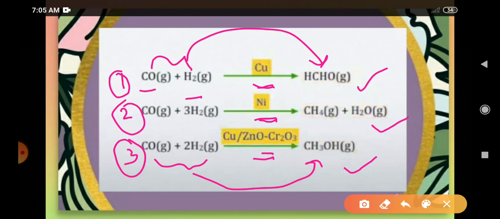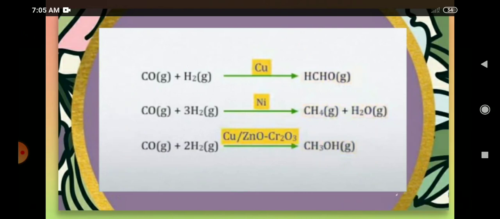That means, which product is formed, who is actually deciding here? The catalyst is actually deciding. So what we can say is that catalysts are directing the reactant toward a particular product. That ability is called selectivity, that means selective product.